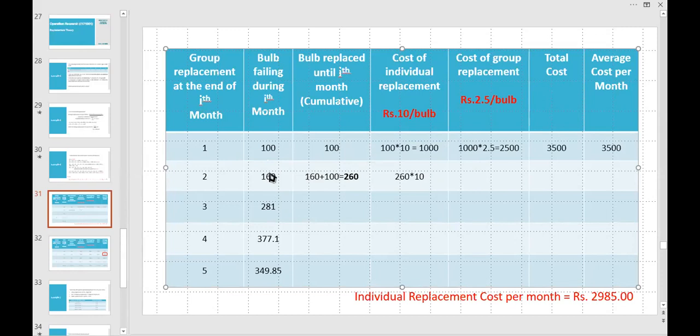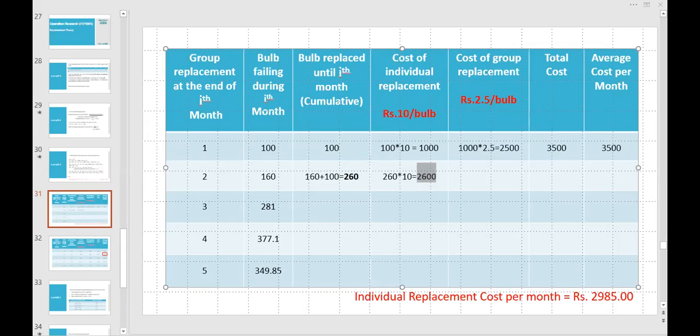So at the end of the second month we have replaced a total of 260 bulbs, out of which 100 were replaced in the first month. The cost because of the 260 bulbs is 2600.